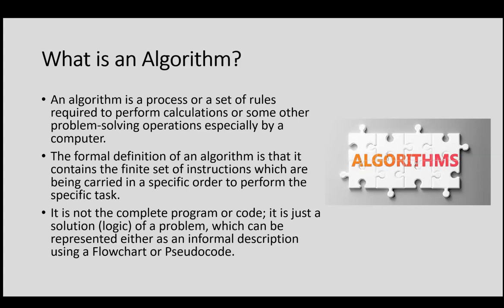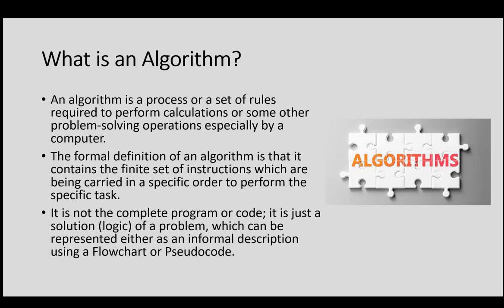Now, in terms of code, how can an algorithm be viewed? It is not the complete program or the code, whatever we write, but it is just a solution of a problem. I have a problem and I want to solve it. To solve that problem, I need certain rules to be followed, and that is the algorithm.